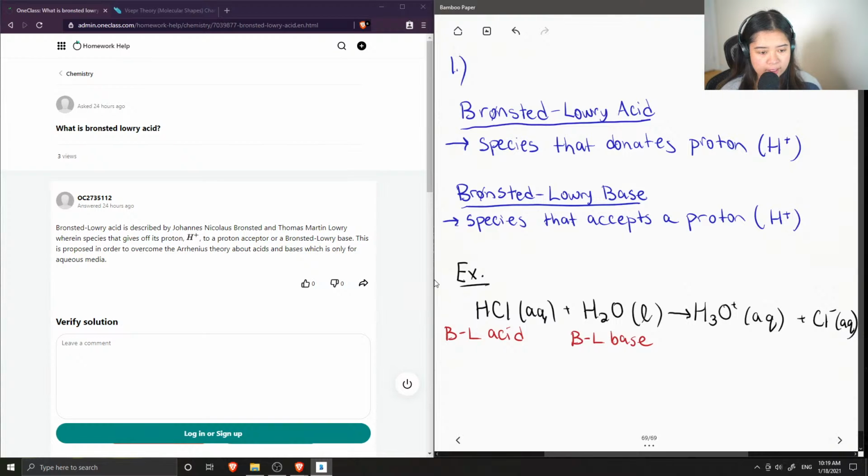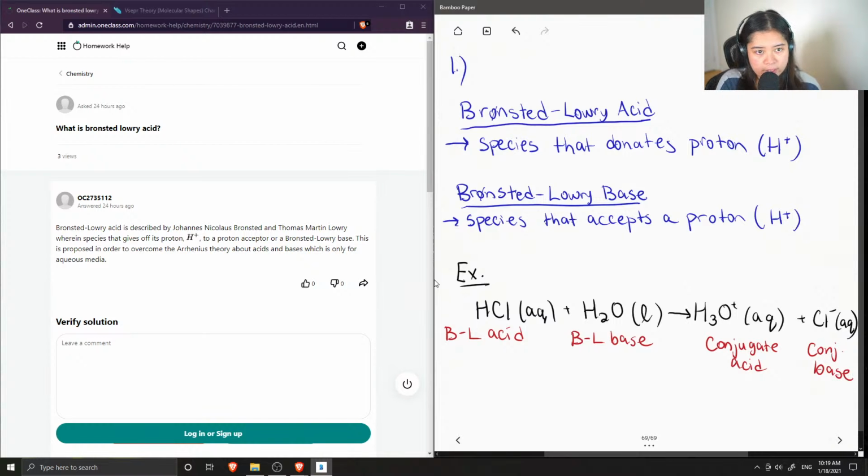So this means that H3O plus is our conjugate acid, and Cl minus is our conjugate base.